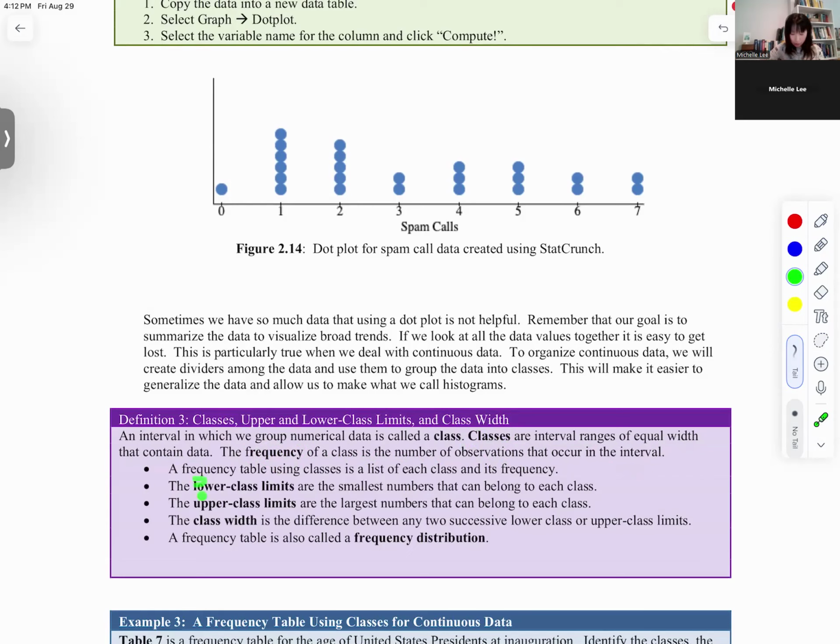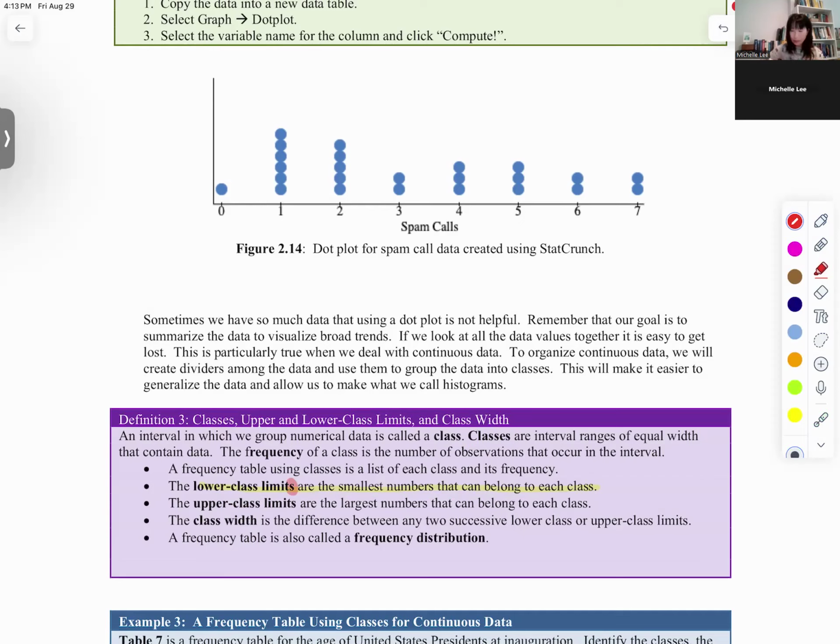We have lower class limits. Lower class limits are the smallest numbers that belong to each class, okay? That's why they have lower class limits, plural, because each class has a lower class limit.